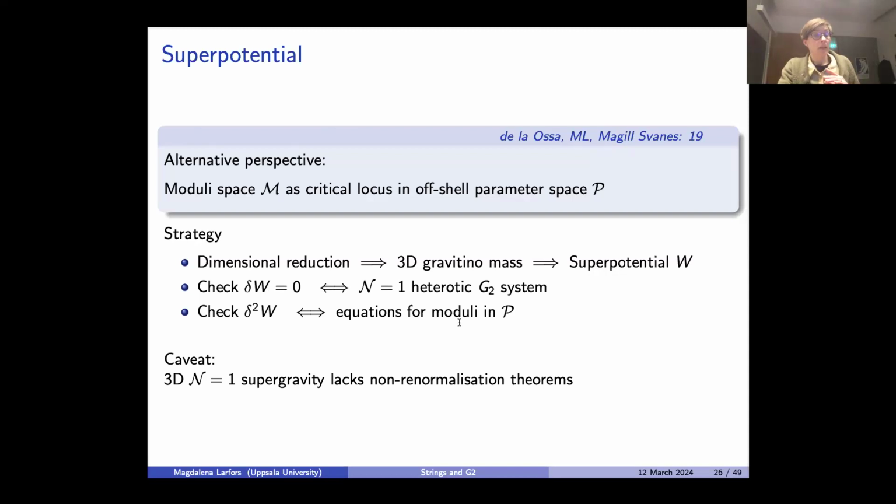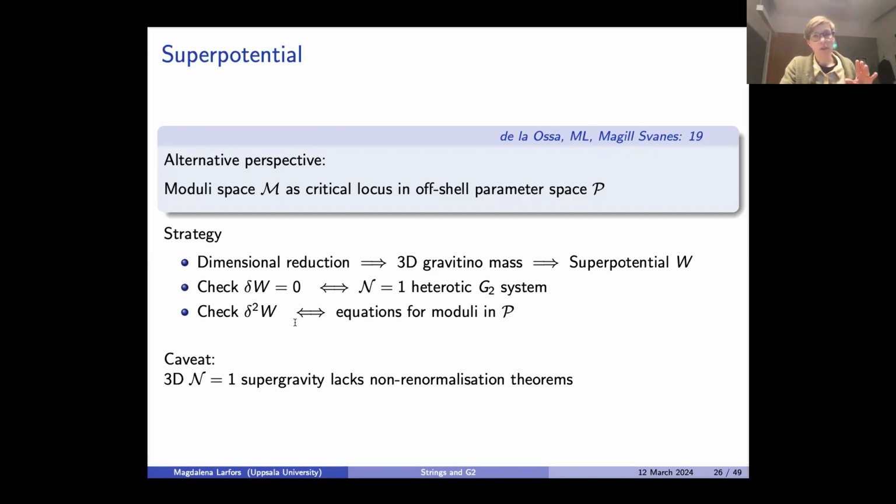And then the equations of moduli that we have just derived will correspond to the vanishing of the second order variation of the superpotential. There is an equality sign missing here and a 0.